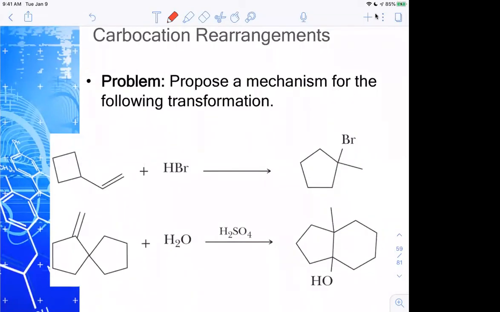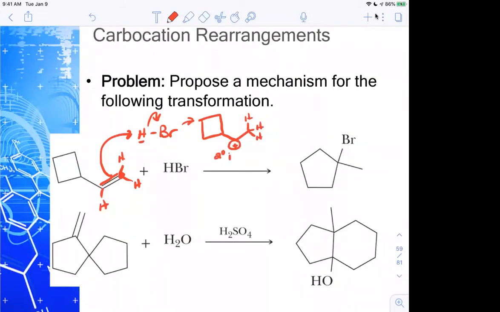So here's a question that you might get on a test. Propose a mechanism for the following transformation. So what I'm going to do is figure out where my hydrogen is going to go, right? Because this is going to react with bromine. This is the carbon that has more hydrogens, so the hydrogen is going to go there. So I'm going to draw that arrow pushing mechanism. And what I notice now is that when I do this, I get this secondary carbocation.